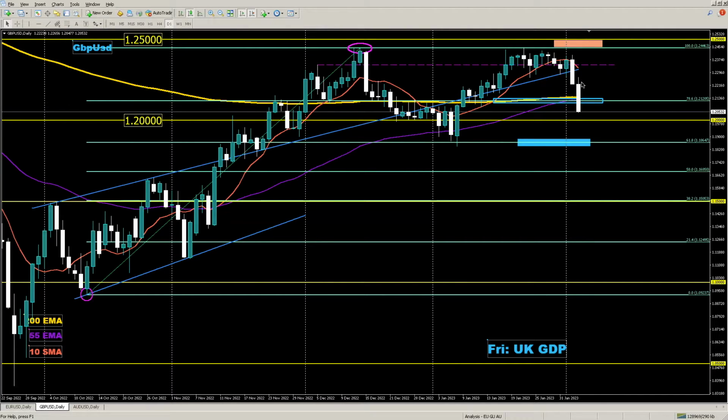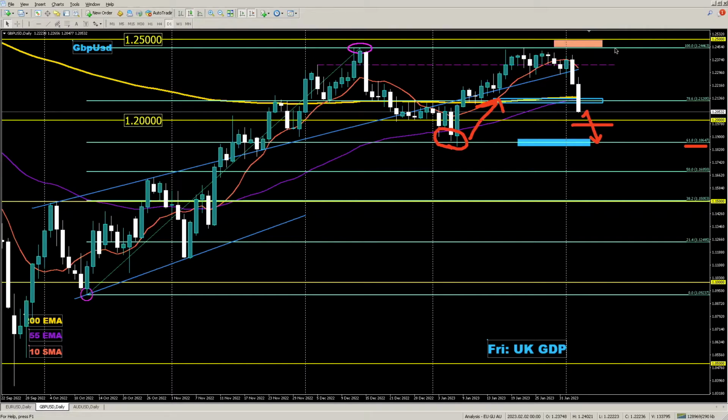And added with the Federal Reserve and non-farm payroll report and the ISM services on the US side, that triggered a further fall in the pound and drove it down towards the 1.2 round figure, which is not very far away, only 50 pips away, and likely heading down towards the 38 Fib retracement and into this swing low area where it started its move higher.